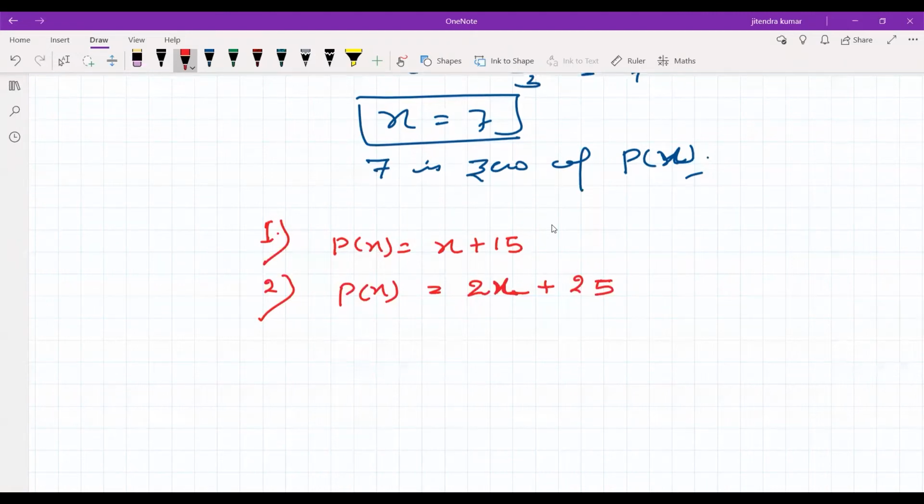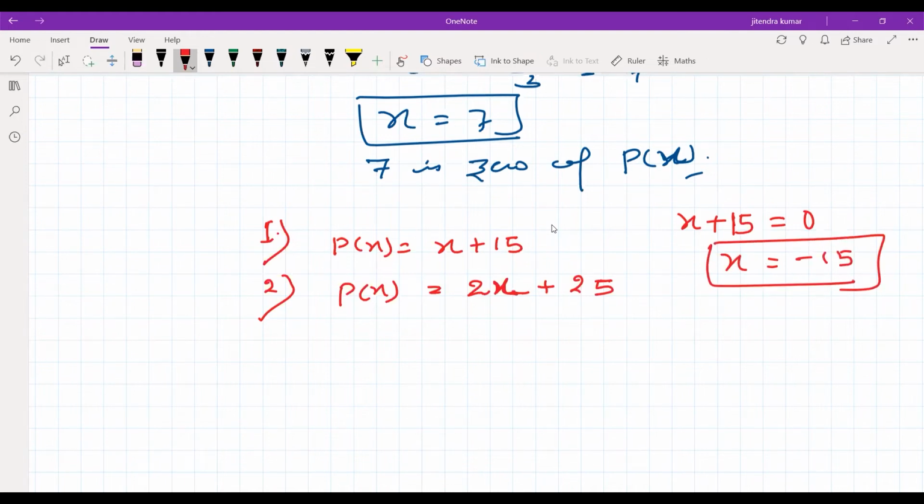You have to solve x plus 15 equal to 0, right? Yeah, so x will be equal to minus 15. Catherine, it will be minus 15 actually, okay? Because you will take 15 from left to right, then its sign will get changed. It will become 0 minus 15, that is minus 15. Now try the second one.